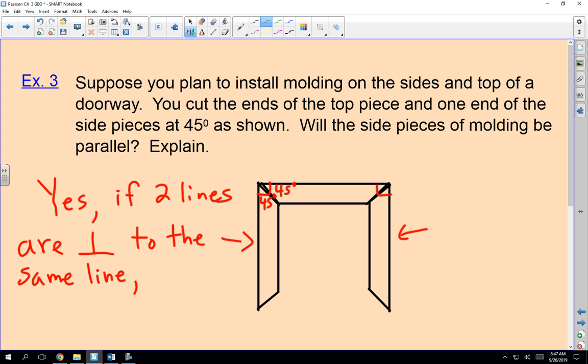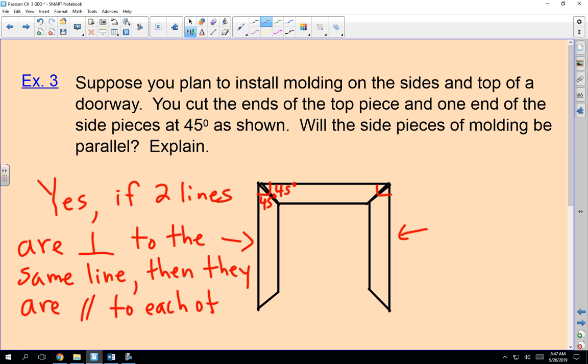The only reason I'm writing this out is to say theorem 3.8 is kind of relative to this textbook only. It doesn't really say much. So if two lines are perpendicular to the same line, then they are parallel to each other. And let's use the parallel symbol. Two lines parallel to each other, so that guarantees it.